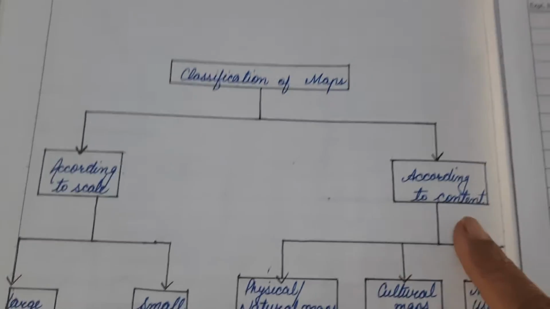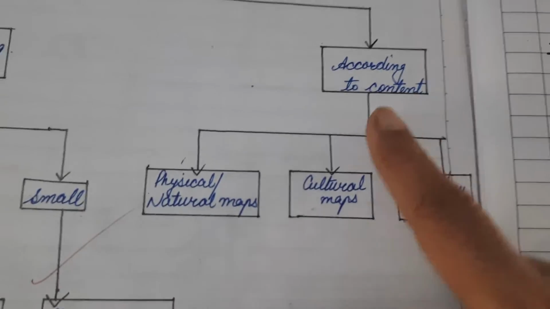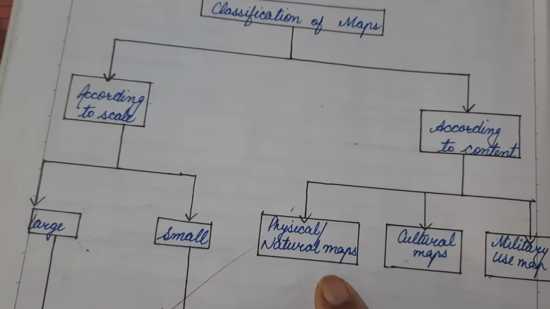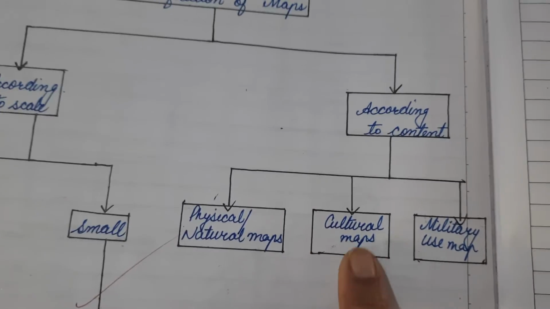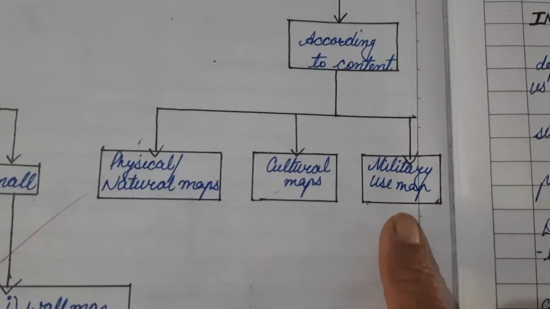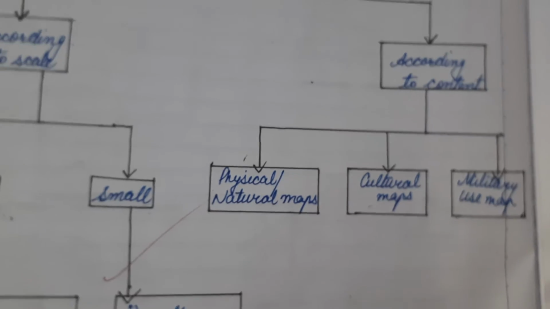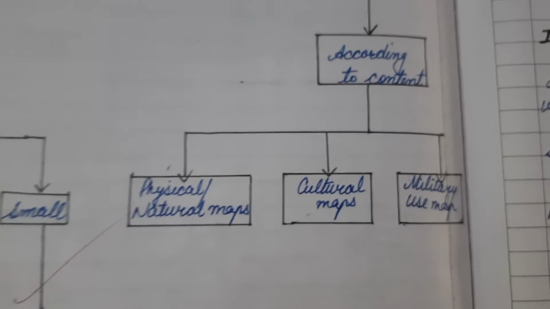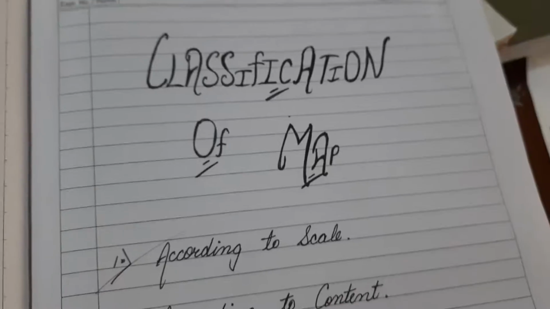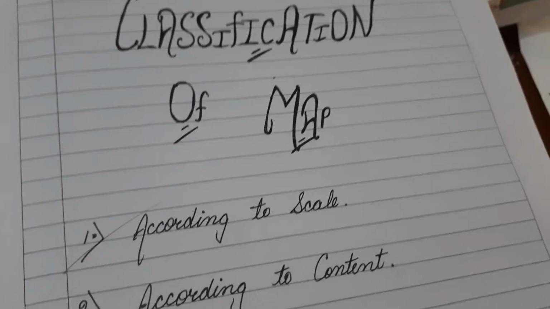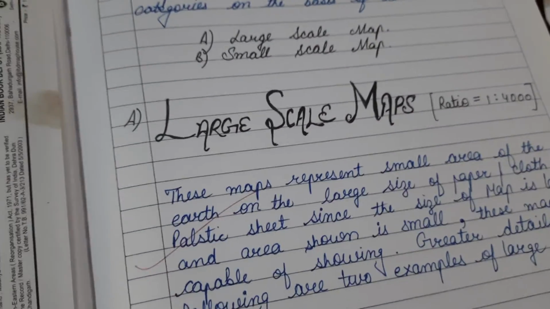When we talk about according to the content, this was according to scale, this is according to content: physical map, physically natural map, then cultural map, then military use map. Right, this is military use map, and you have seen many pictures also that military people are using these maps.